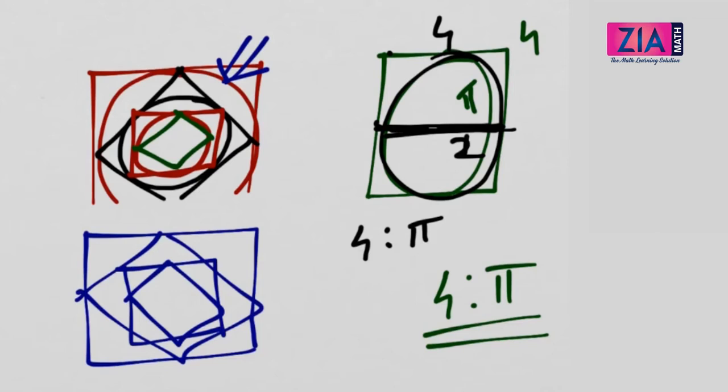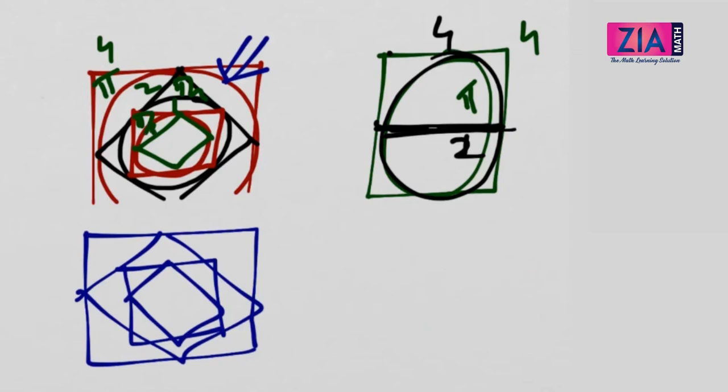Again, the circle is also like that, because if you add more circles, I told you this is 4, this is pi, this is 2, this is pi by 2, this is 1, this is pi by 4, like that it will go. So the squares will be in the ratio 4, 2, 1, 1 by 2, etc.